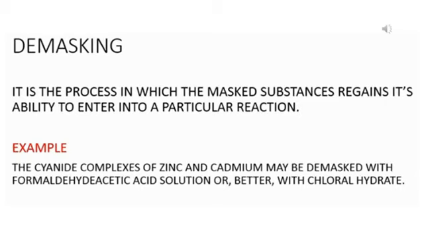So chloral hydrate and formaldehyde acetic acid solution both act as demasking agents. In this, cyanide complexes of zinc or cadmium may be demasked with formaldehyde acetic acid solution, or they can be demasked with chloral hydrate solution.